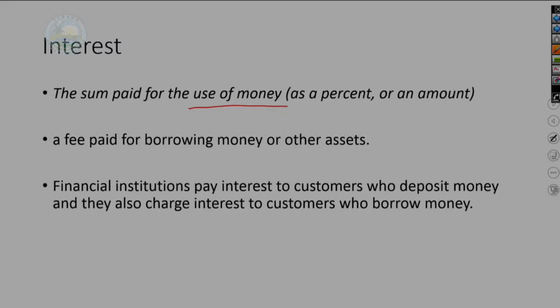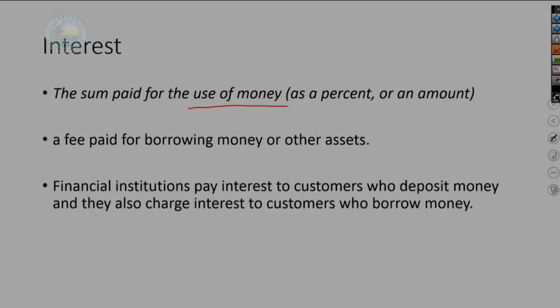Similarly, when we deposit money into the bank, we are giving the bank the right to use our money so that they can make money, which is why banks are supposed to give you interest on the amount that you deposit. So interest is the fee for borrowing money or other assets.